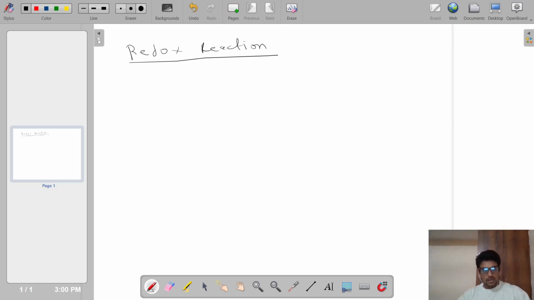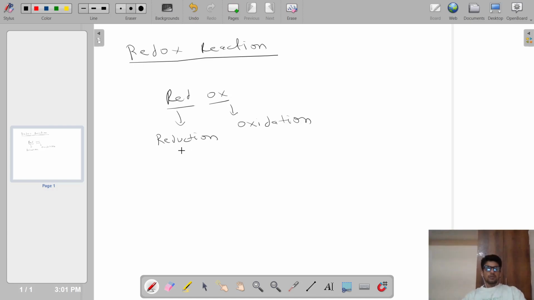Okay. So redox is made of two words, red and ox. Red means reduction and ox means oxidation. Earlier, they tried to describe reduction and oxidation in terms of oxygen.